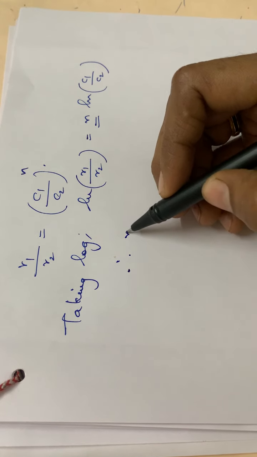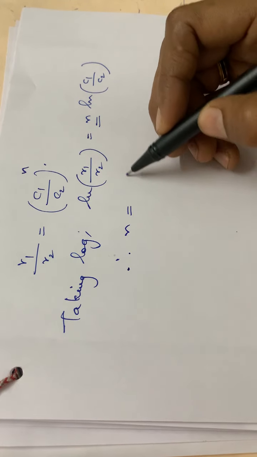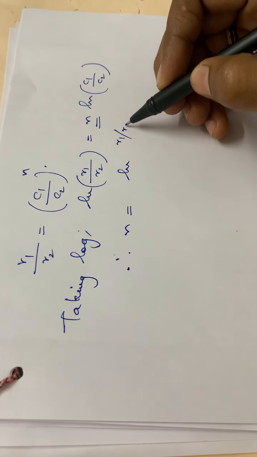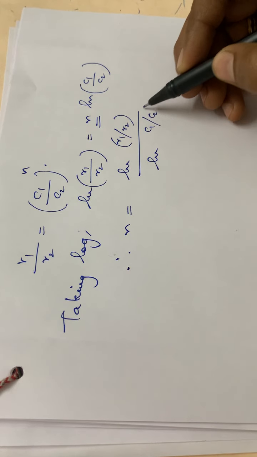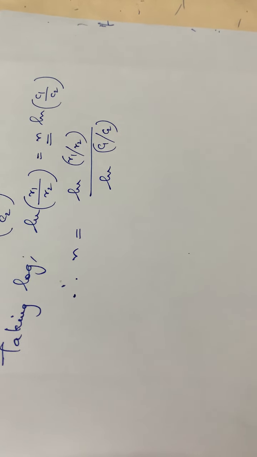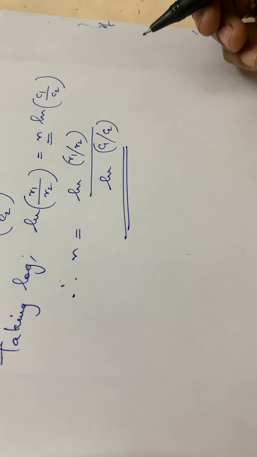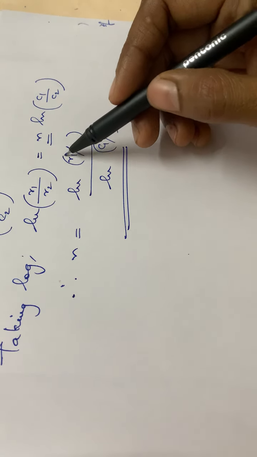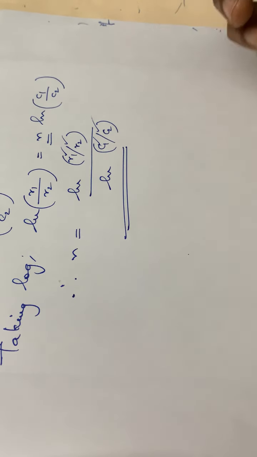N is the order of the reaction, which we have to determine. So n is equal to ln R1 by R2 divided by ln C1 by C2. By knowing these values R1, R2 and C1, C2, we can determine the order of the reaction.